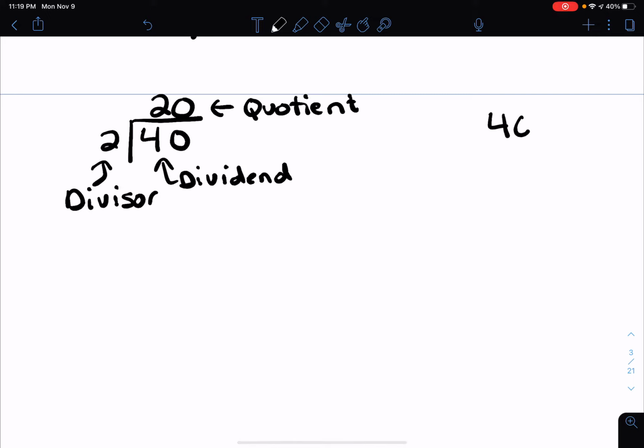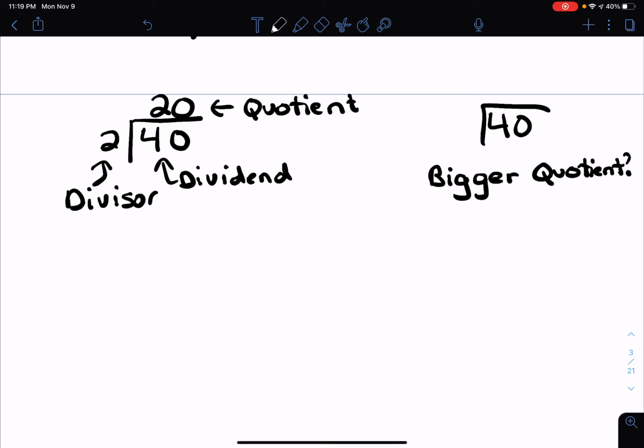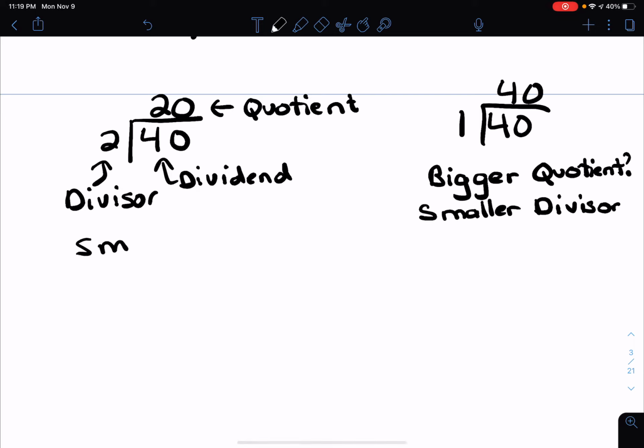If I want the quotient to be bigger, then I need a smaller divisor. In this case, I can only go down to 1. Let's say my divisor is 1. Well, then I would get a bigger quotient of 40. If I want a smaller quotient, then I need a bigger divisor.